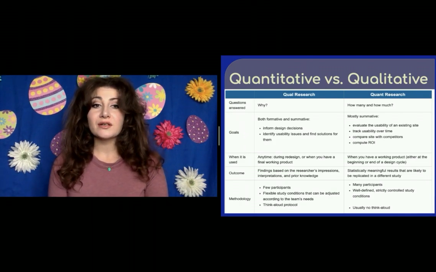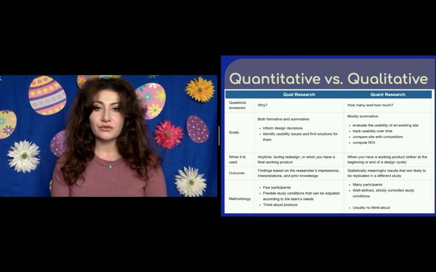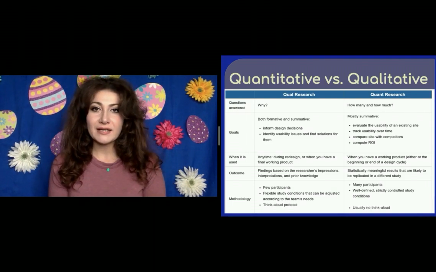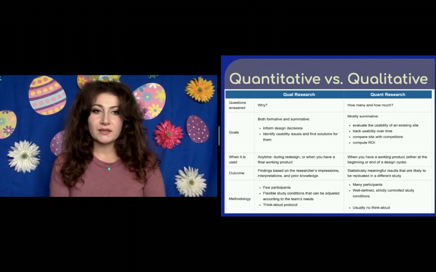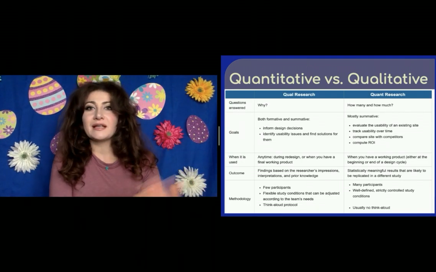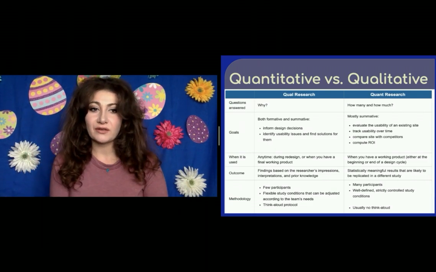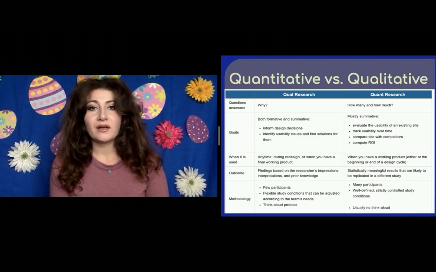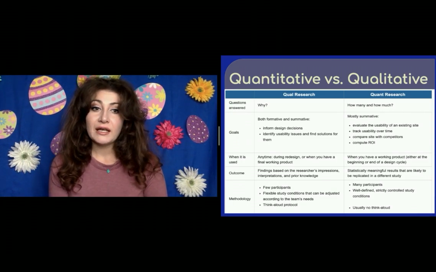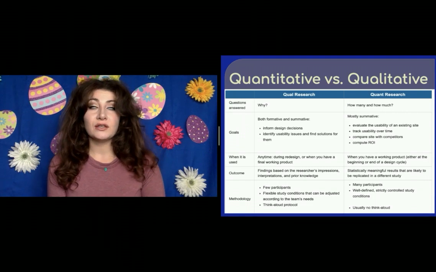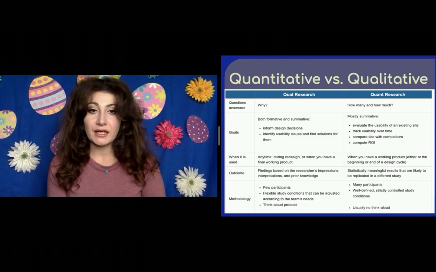For quantitative research, it's a bit more objective, because you're just analyzing the numbers, and there's only kind of one correct answer. There's only one way to interpret if you have statistical significance or not. So the results in a quantitative study are definitely statistically meaningful, and in order to determine if they're valid, they're likely to have been replicated in another study.